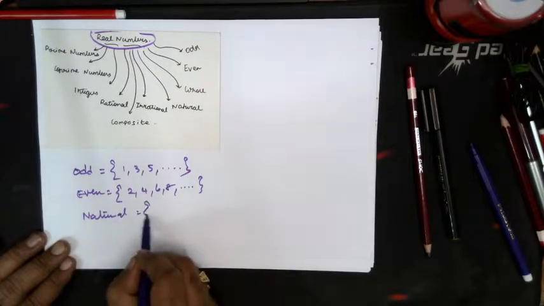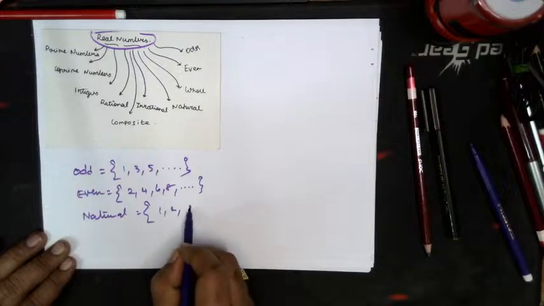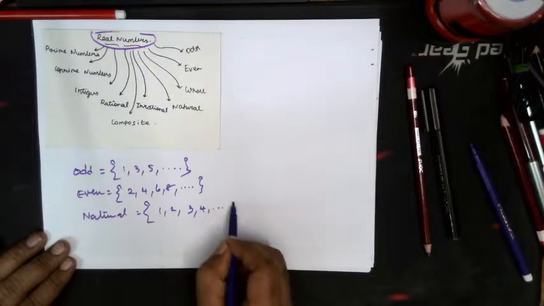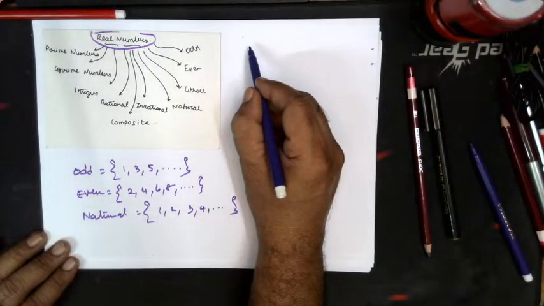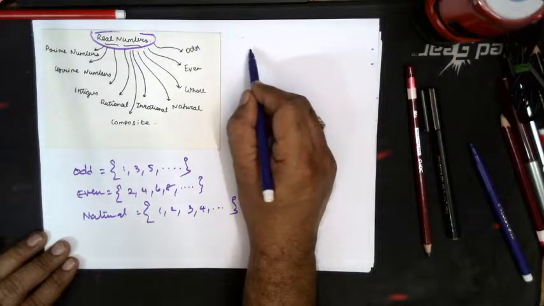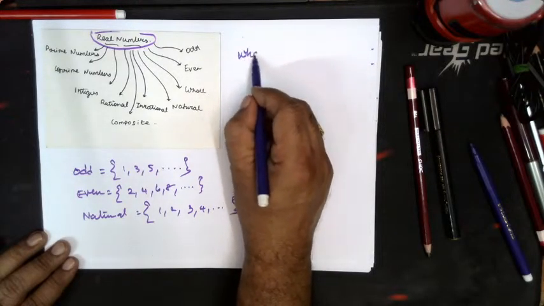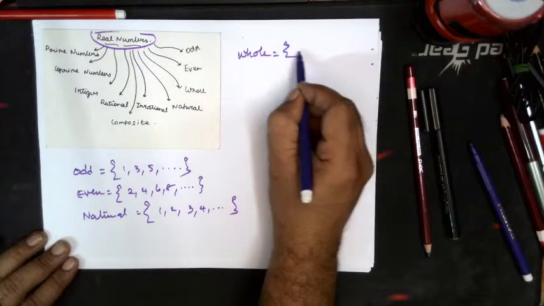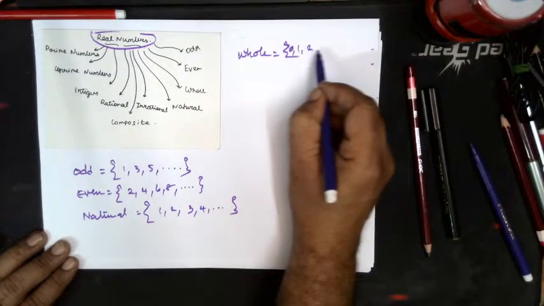Natural numbers are 1, 2, 3, 4, etc. And what about whole numbers? That includes 0 also: 0, 1, 2, 3, etc.